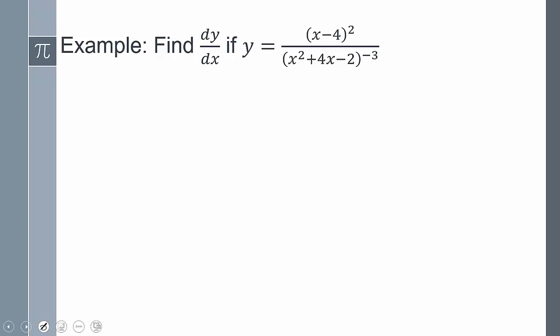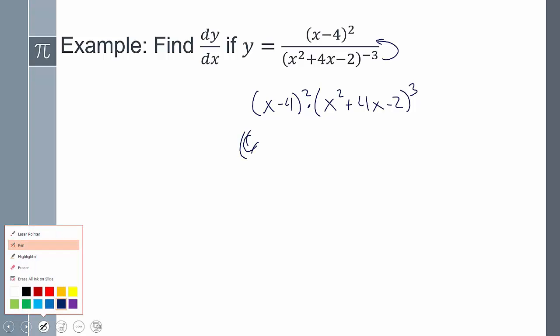For this one here, we may have to do some manipulation. Notice how this is in the denominator, and I can bring it out into the numerator. So this will become x minus 4 squared, x squared plus 4x minus 2 cubed. So this is going to be the product rule. And so here's my first function.